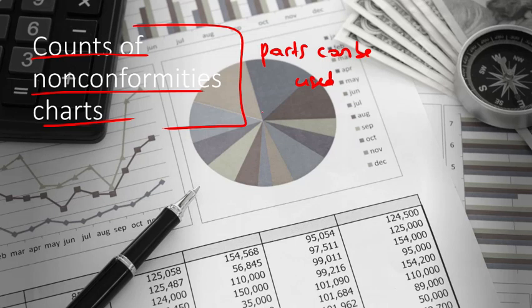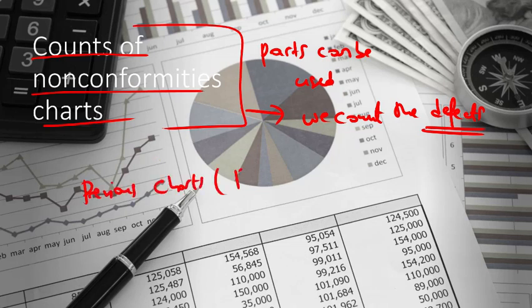And in this case, we count the defects. This is very important. In the previous charts like the P, NP and the percentage charts, we were counting the defective products, not defects. That's very important.